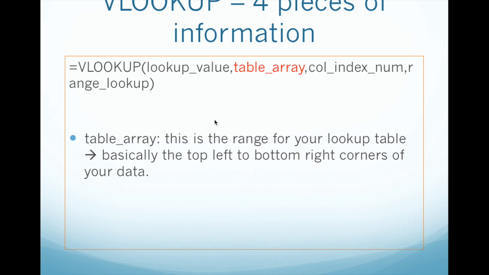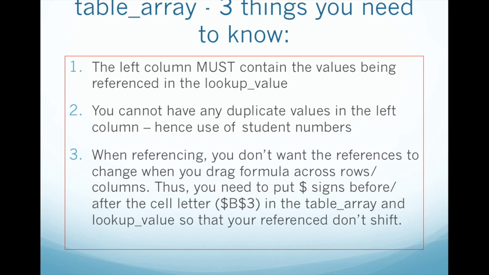The second piece of information in our formula is the table array. Table array is the range for your lookup table. Basically the top left corner to the bottom right hand corners of your data. For table array, 3 things you need to know. The left column must contain the values being referenced in the lookup value. So those are our student numbers.